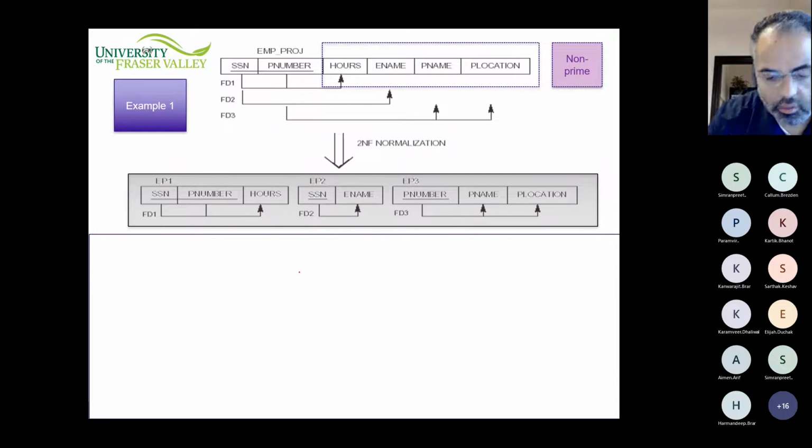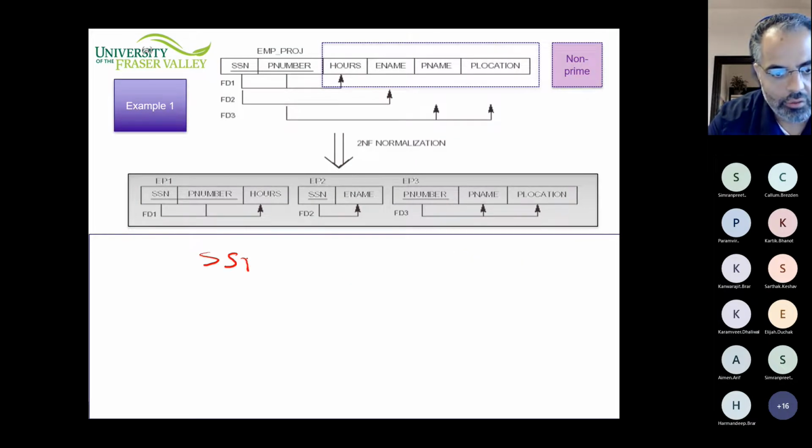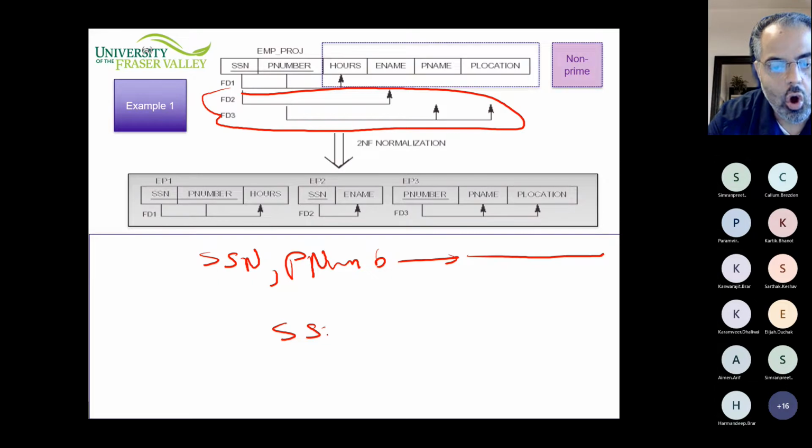So the primary key here is SSN and P number. To have the optimal case, SSN and P number together should give all other attributes. And here we have the problem with FD2 and FD3, because SSN alone gives ename, this is FD2.